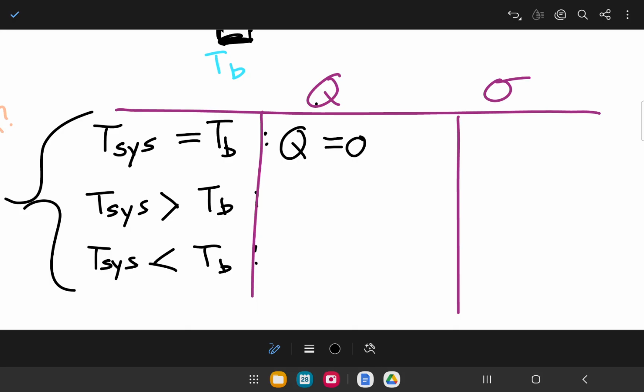Because if they are the same temperature, there is no gradient for the heat to transfer over. When we look at that Clausius inequality, the ratio was our Q over T. So if you have Q equal to 0, then sigma is also going to be equal to 0.